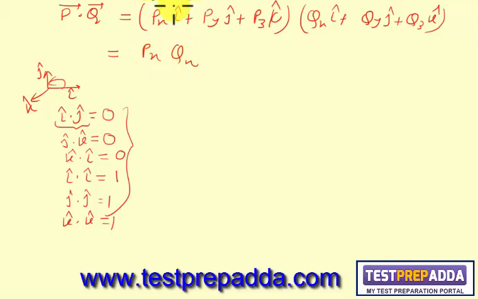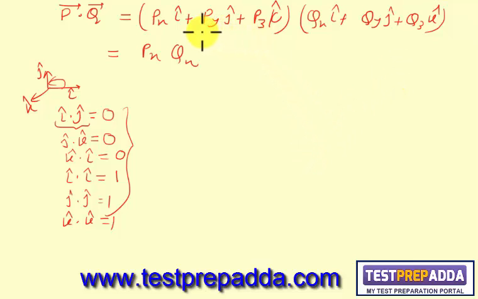But when Px i cap is multiplied with Qy j cap or Qz k cap, it will be i dot j, and that is what? 0. Right? Similarly, i cap dot k cap will be how much? 0.